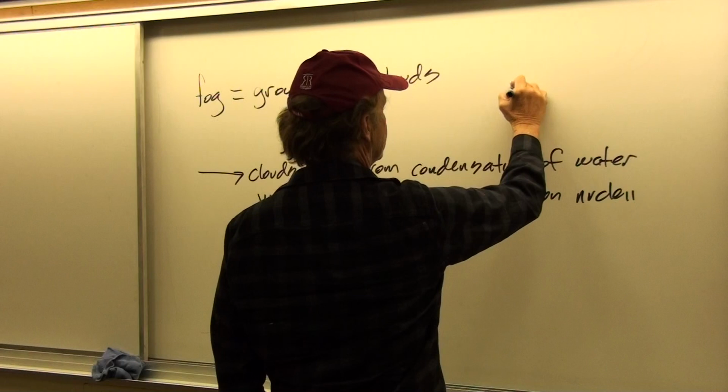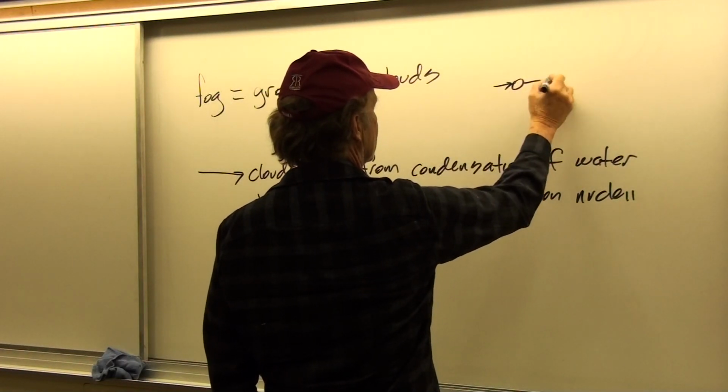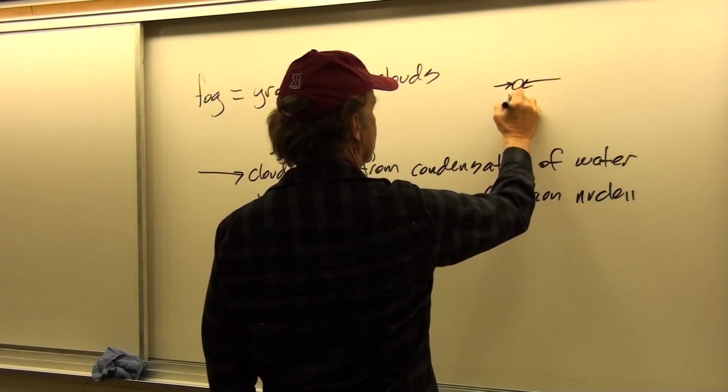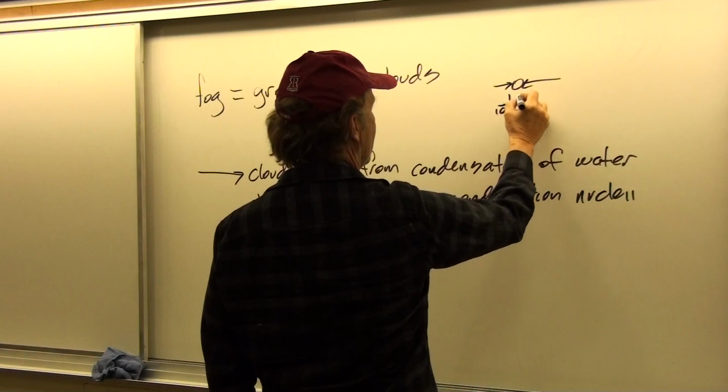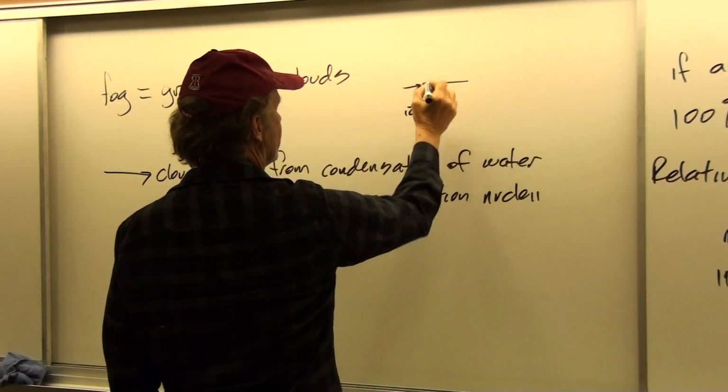Now, these condensation nuclei might only be 1/100th of an inch across, or less.